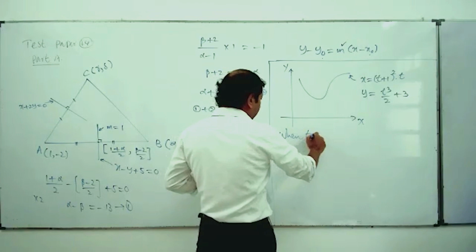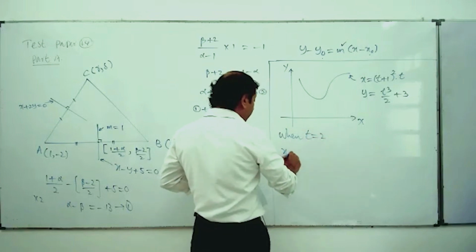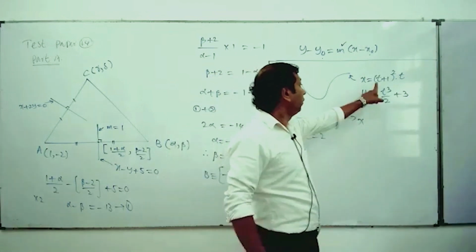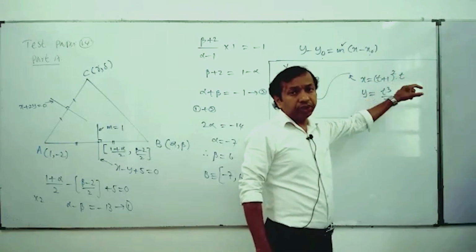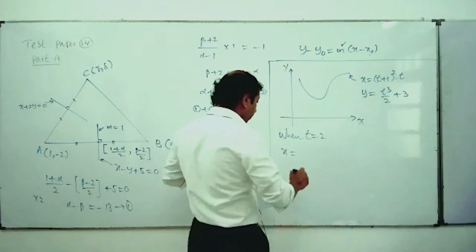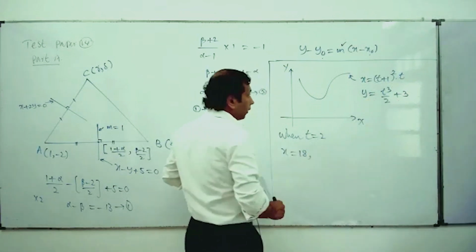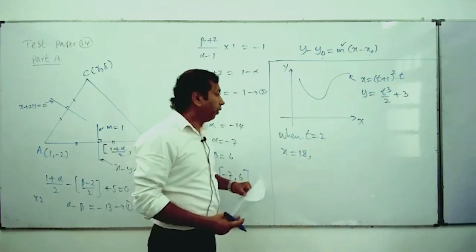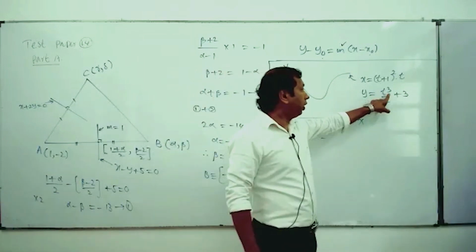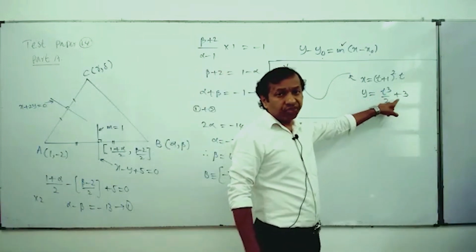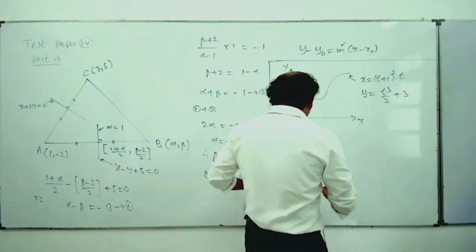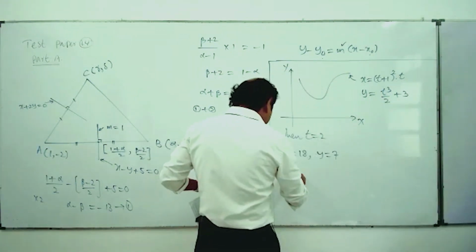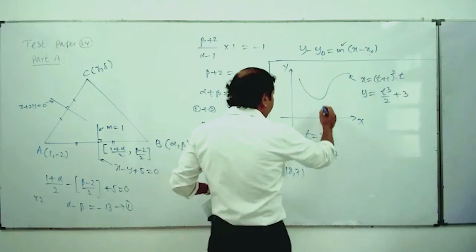When t equals 2, x is 2 plus 1, 3 squared is 9, times 2 is 18. Then y: t equals 2, 8 by 2 is 4, 4 plus 3 is 7. The point is (18, 7).